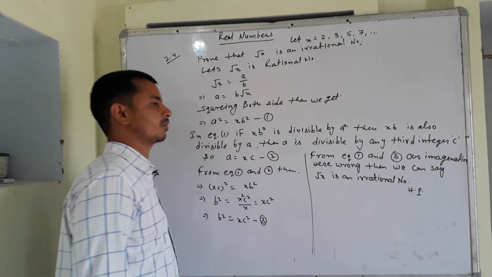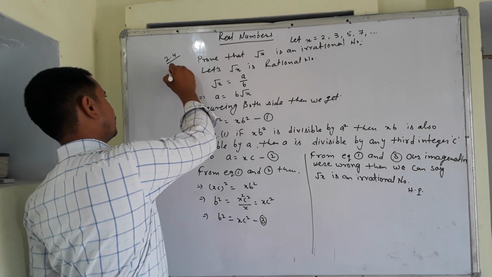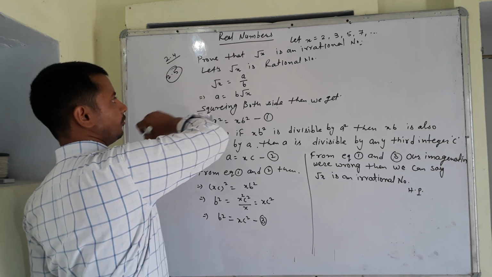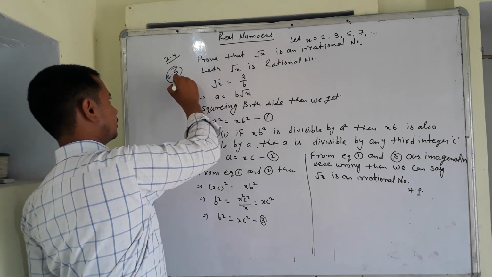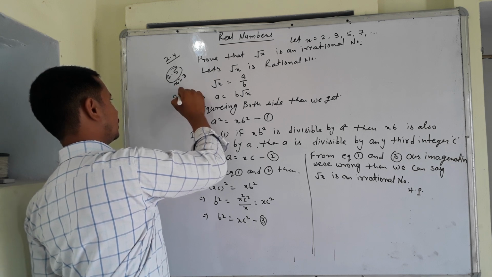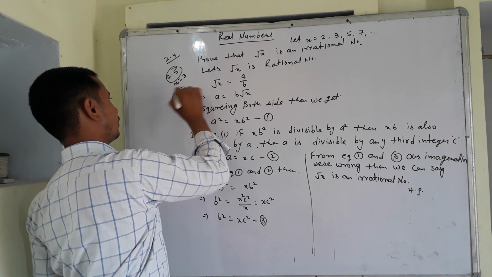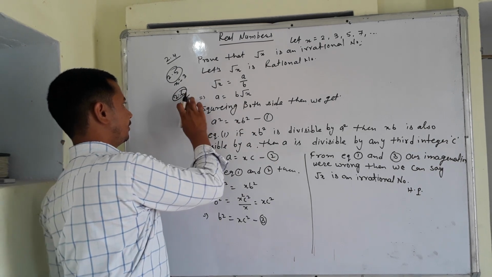Okay. For theorem 2.5, we put the value of x equal 3. For theorem 2.6, we put the value x equal 5. Okay.